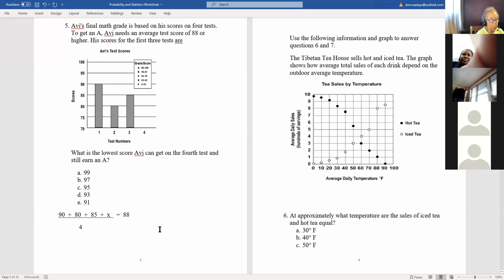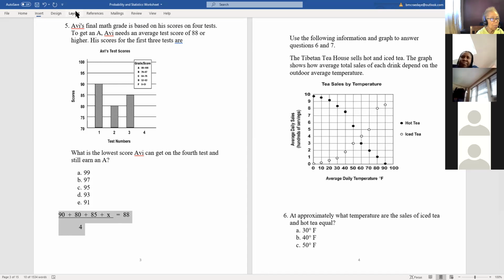What do we do first? Multiply. Multiply what, Michelle? That's correct, but what do we multiply? You multiply 88 times 4. Wonderful. Okay, we multiply 88 by 4.